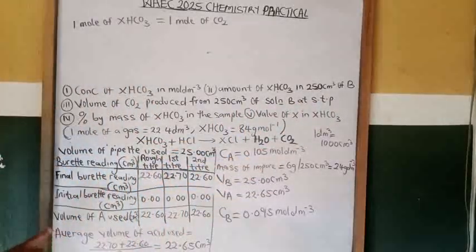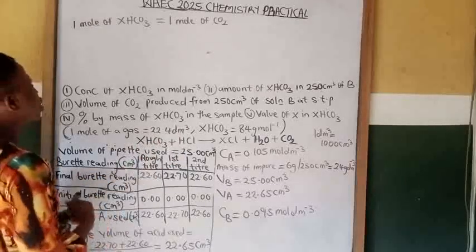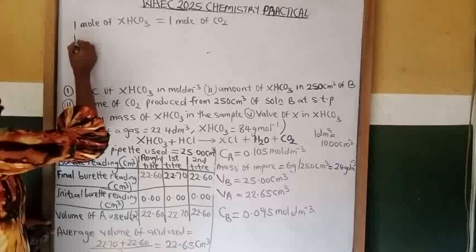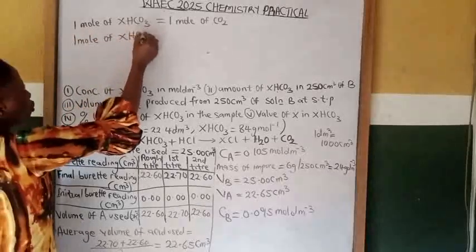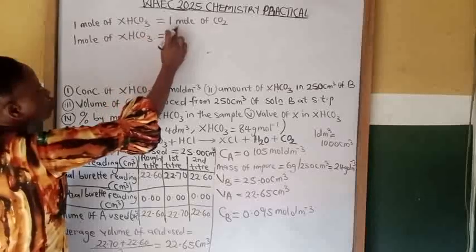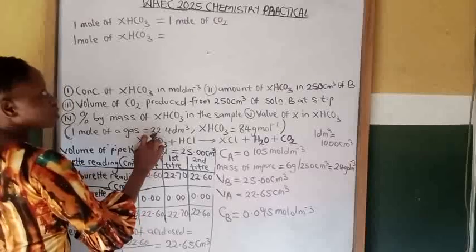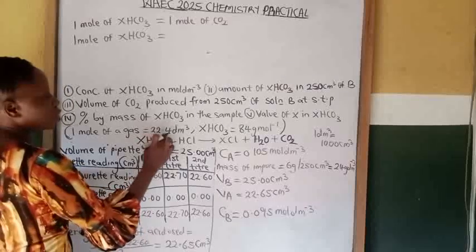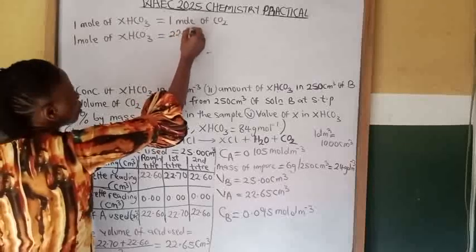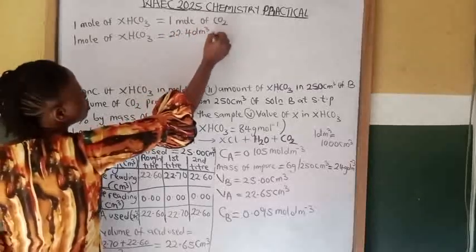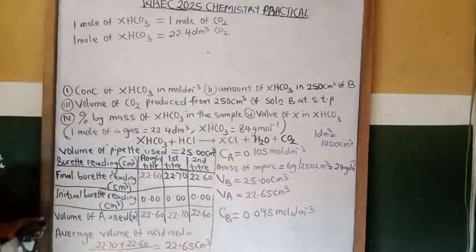So you are going to rewrite it now. 1 mole of XHCO3 will be equal to 1 mole of CO2. CO2 is a gas. So 1 mole of CO2 gas is 22.4 dm cube. So this 1 mole will be equivalent to 22.4 dm cube of CO2.